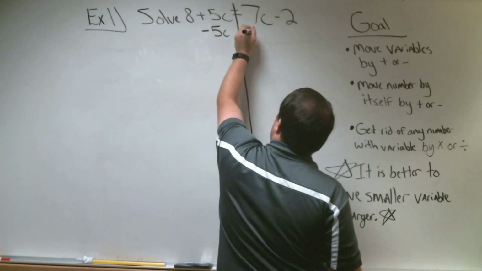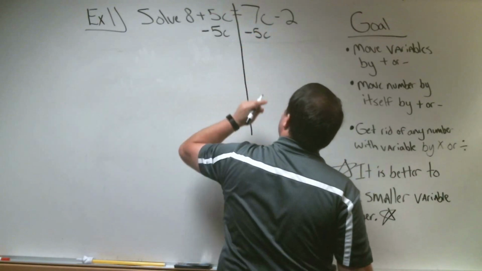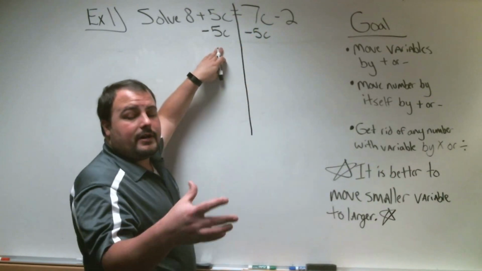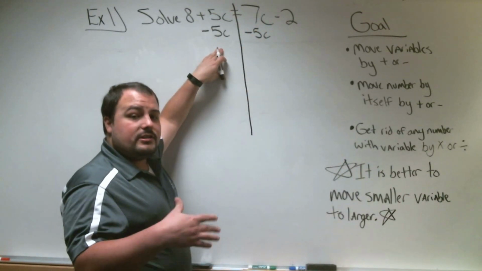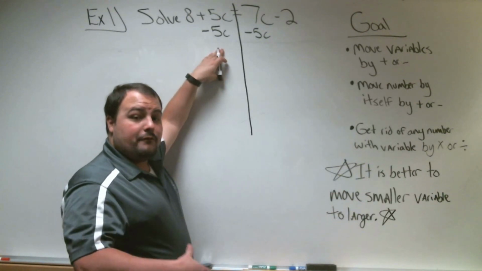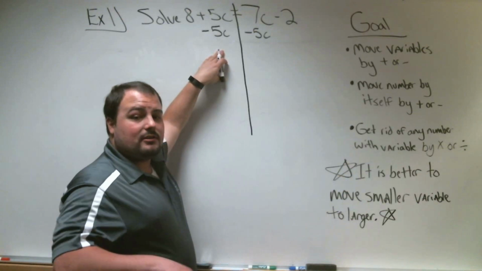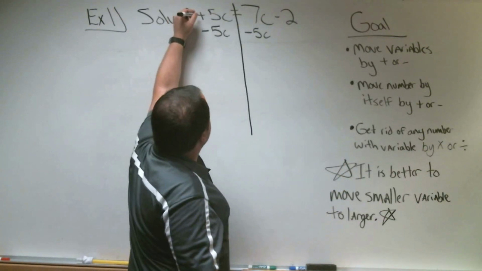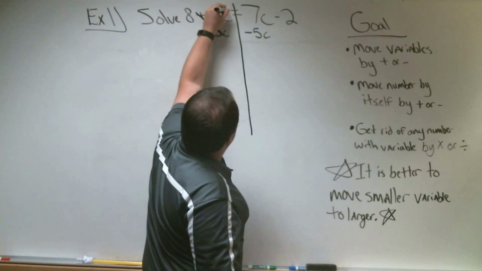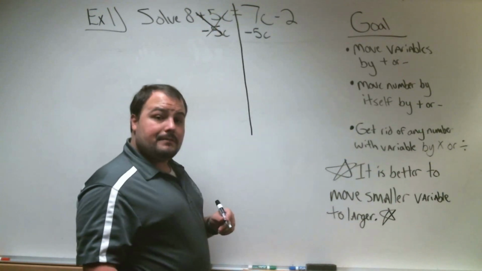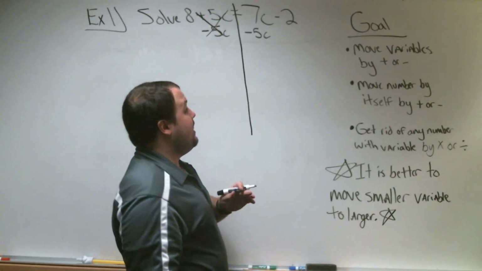And if I do this to one side, I have to do it to the other. Now, notice that I put the 5c under the other 5c. C's line up with c's. Variables line up with each other as long as they're matching, so that way we can combine them, because they're like terms. If I have 5 c's and I take away 5 c's, I now have no c's on the left side. So we can go ahead and cancel that out.